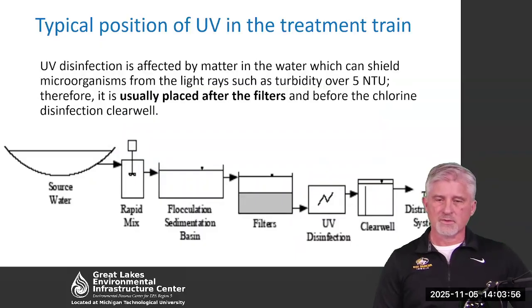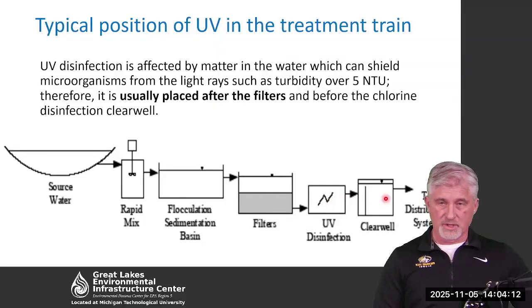So where in the treatment train would we add UV? If you look here, we've got our source, we've got our coagulation and rapid mix. We do flocculation and sedimentation, filtration. Well, we typically drop that in after filtration and before our clear well.